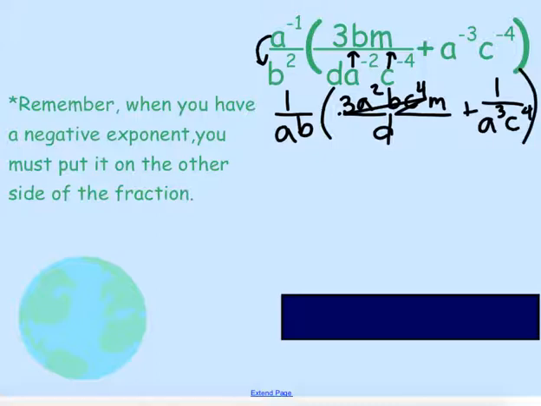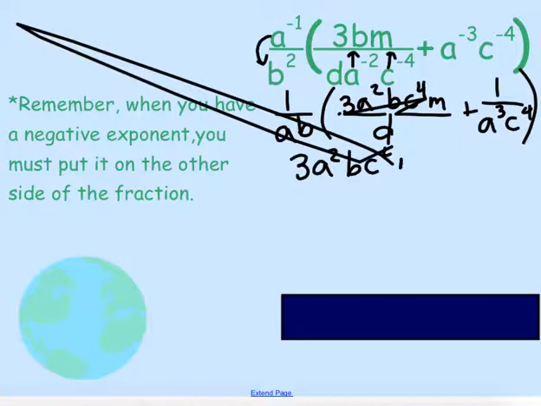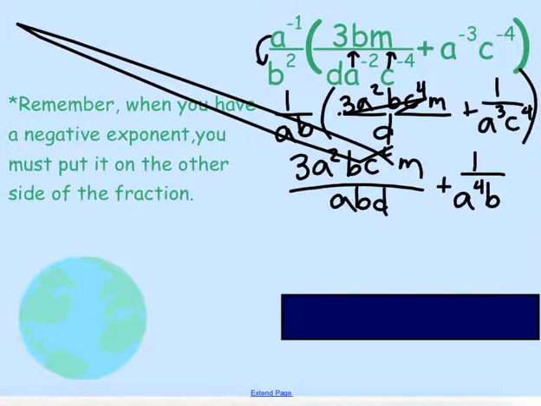Now, when I multiply out, I'm going to see that I get 3a squared bc to the fourth m over a b d plus 1 over a to the fourth b c to the fourth. And then I just have to simplify. And I see that in the first term I need to do some simplifying with my b's and my a's.